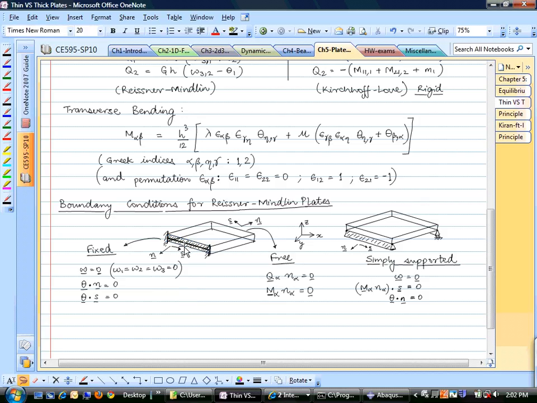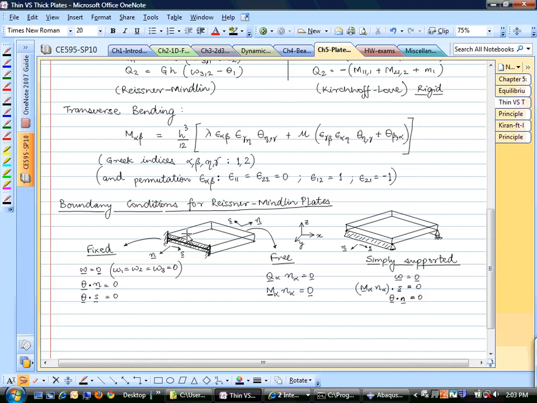One type of common boundary condition that you might see for a plate is a fixed boundary condition. We say that along this edge, the centroidal axis, all the displacement components have to be 0. And not only that, the rotation at this edge. So you can imagine, let's say you have a plate, and this is the needle on the fixed edge. If I say that W is 0, that does not say anything about this needle.